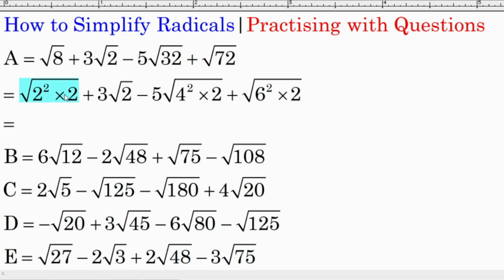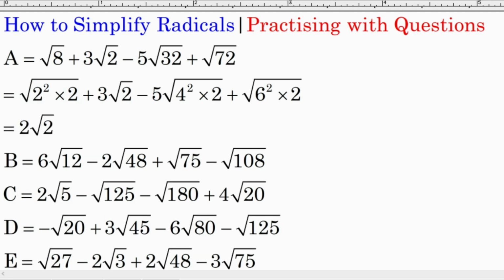Here we have 2 squared times 2. So with 2 squared times 2, we can simplify these radicals, which is going to give us 2 square root of 2. And then plus this one. And then minus.